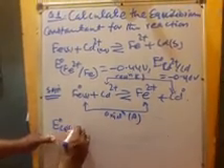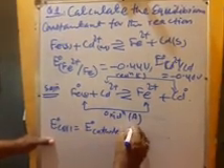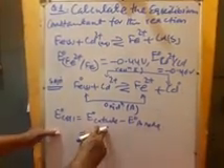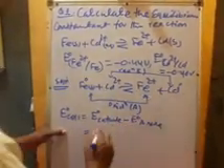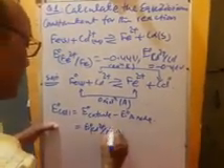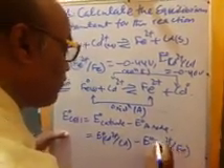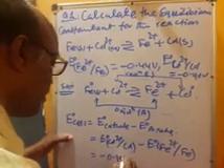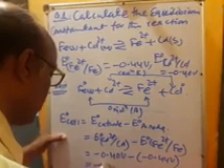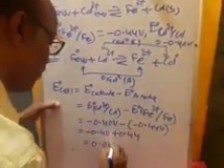E naught cell is equal to E naught cathode minus E naught anode, equal to E naught Cd2+/Cd minus E naught Fe2+/Fe, equal to minus 0.40 volt minus (minus 0.44) volt. So it is equal to minus 0.40 plus 0.44, which is equal to 0.04 volt.